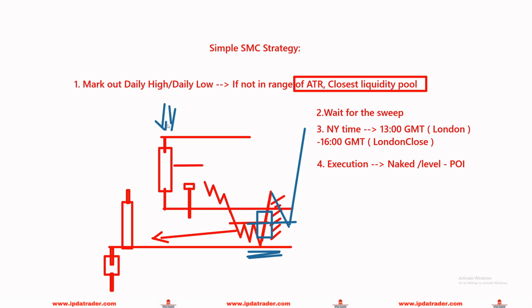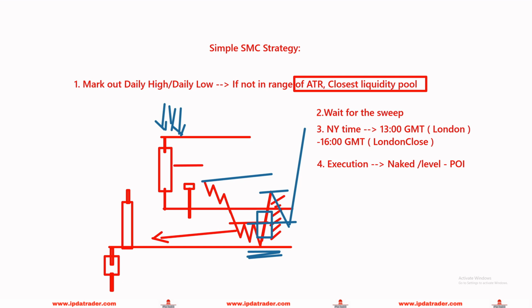If that's too far away and you feel that we may have still some room to the downside, you can look to simply target buy side liquidity that has formed on the way down. Completely up to you. I would suggest aiming for the daily high. It may mean you have a slightly lower probability of hitting it, but your risk to reward is going to be clear at that point, and it's going to be very, very profitable.